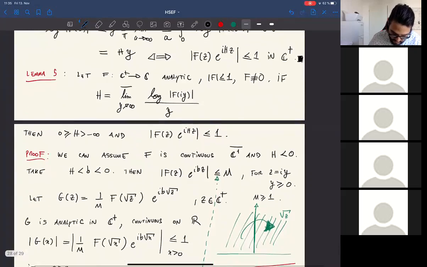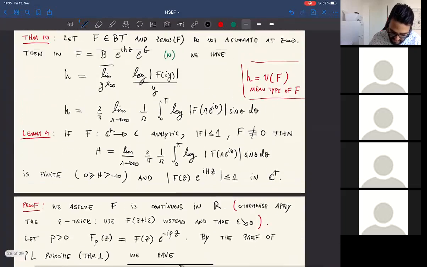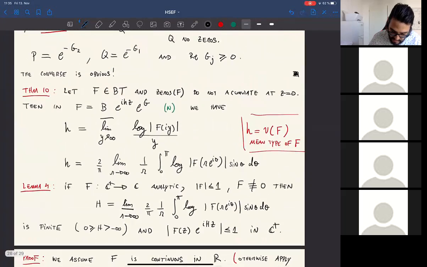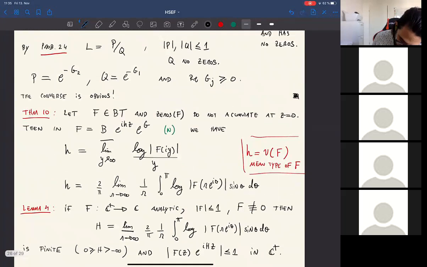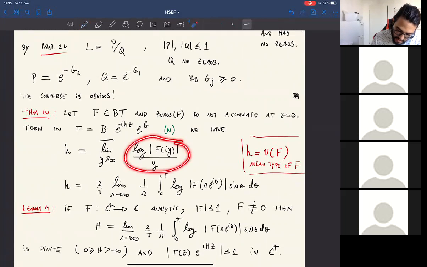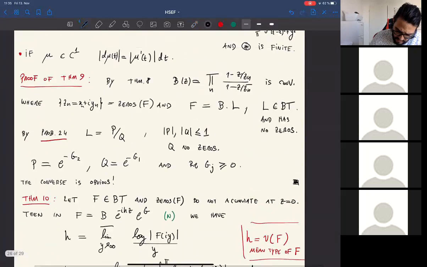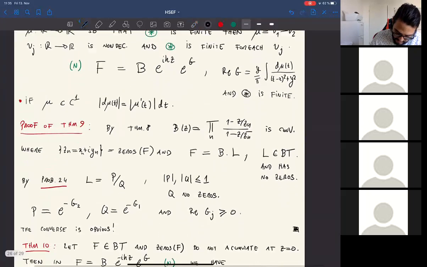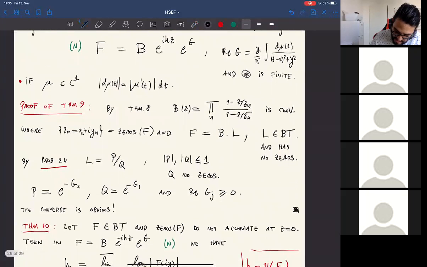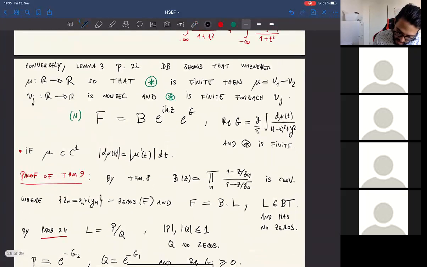Let me go back here and fix everything. This is supposed to be a minus. Of course, when you do this kind of thing, it has to be a minus, otherwise it's always minus iH times z, so that this exponential grows at infinity if H is positive. So I have to fix in there, and in here as well.